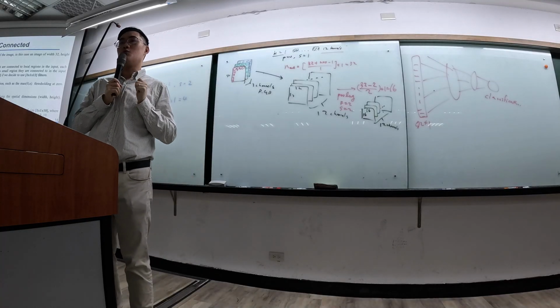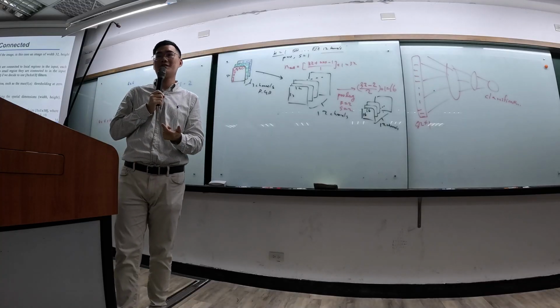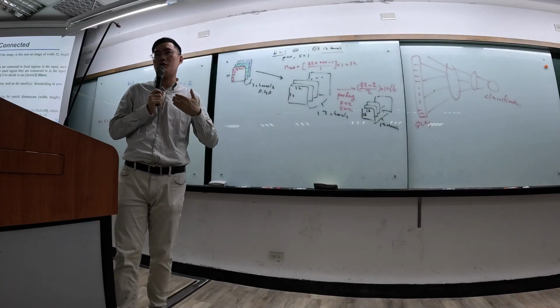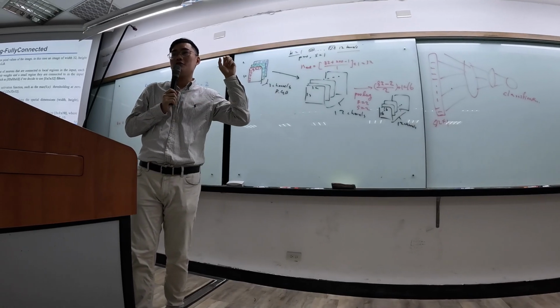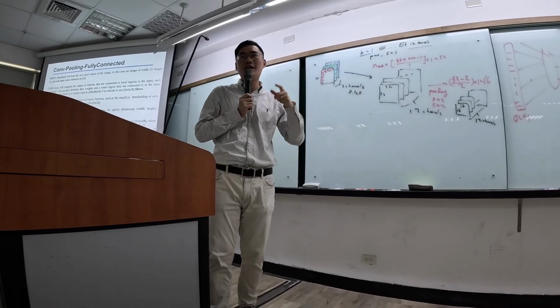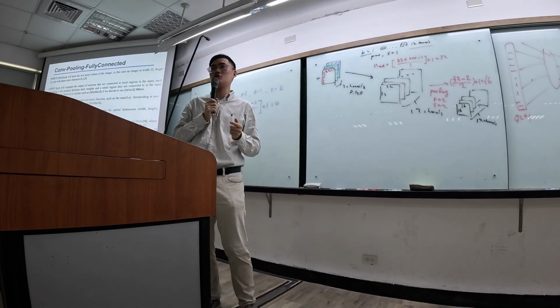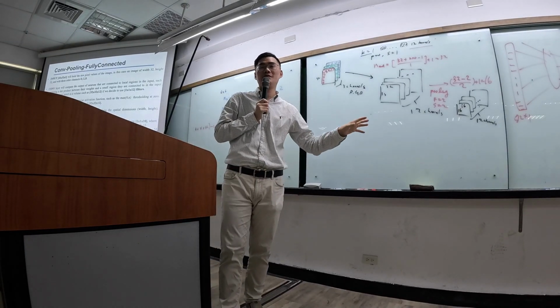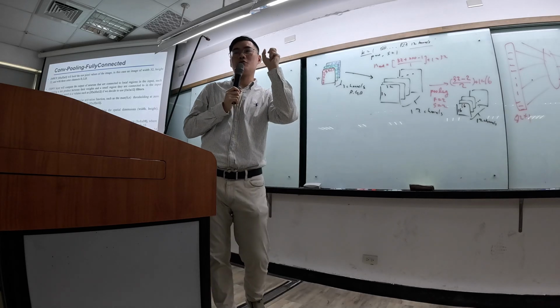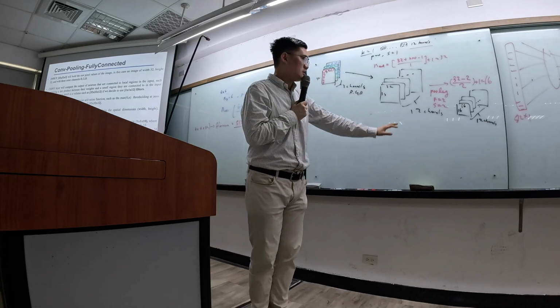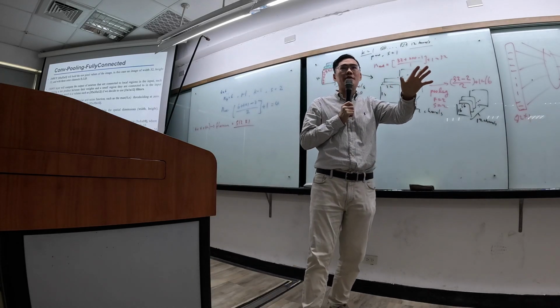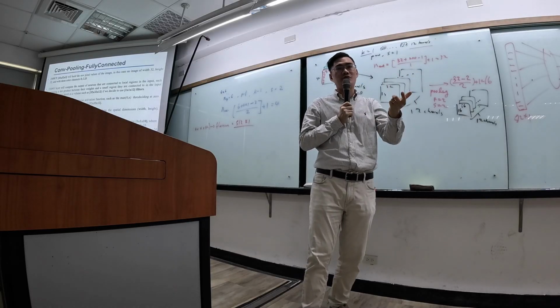In reality, when you work on an image set as your training data, you have a lot of images, which is the so-called batch size. So every time doing your training iteration, how many images are you going to feed to your CNN model? That's the so-called batch size. So suppose you have maybe 100 images as a batch size.